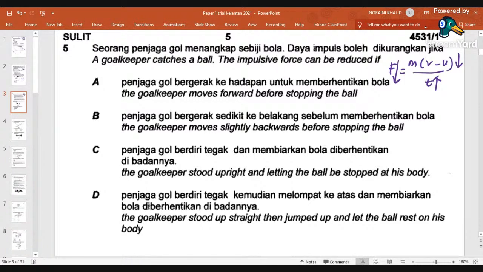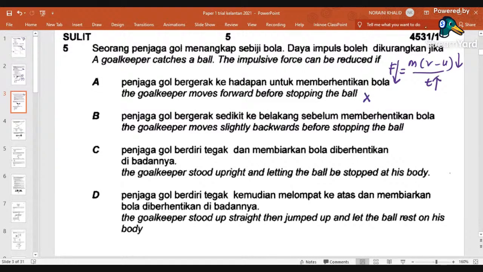Okay, let's look at A. The goalkeeper moved forward before stopping the ball. The goalkeeper wants to catch the ball. So you move forward, it will increase the impulsive force. The goalkeeper must move backward so that it will lengthen the time taken. So this one is not the answer.